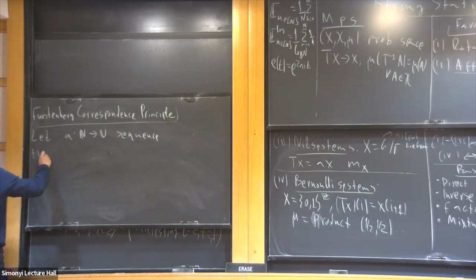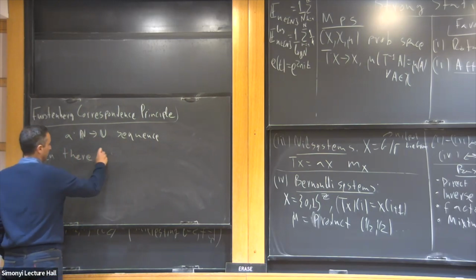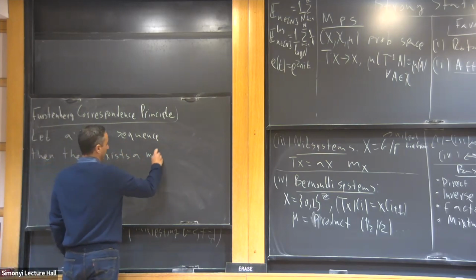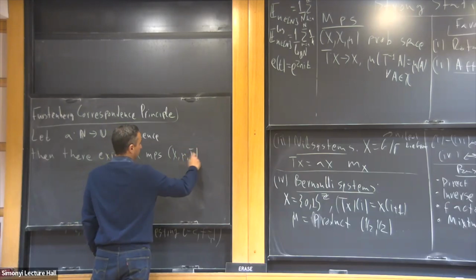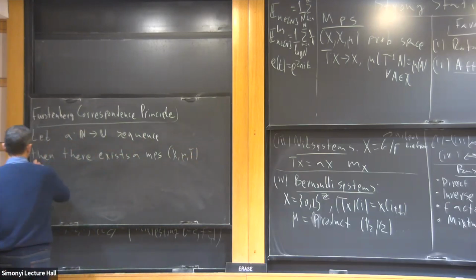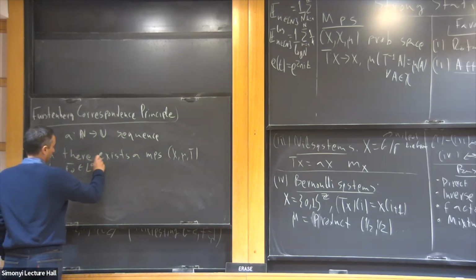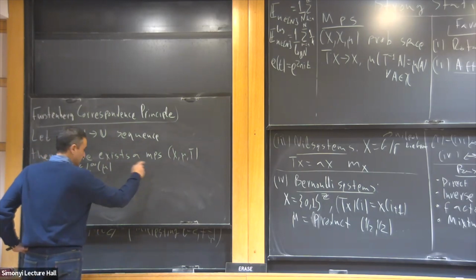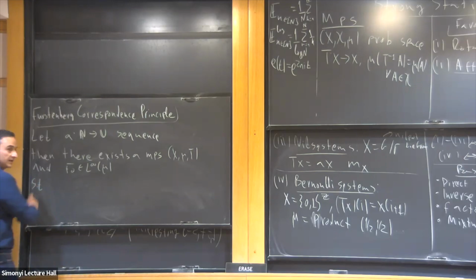Then there exists a measure preserving system, a function, and something else, such that the following holds, we will have the following identity.